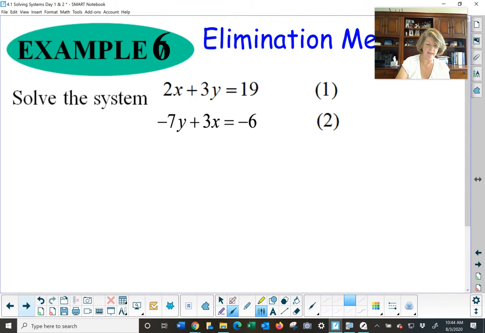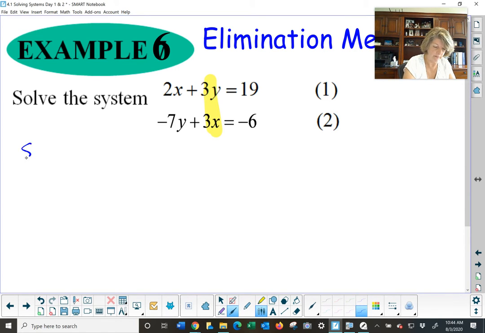Next example is example number 6. It says solve this equation, 2x plus 3y. This time I notice that there are 3x, and I noticed this second equation isn't in standard form, is it? So let's put it in standard form first, and then see what we can deal with.